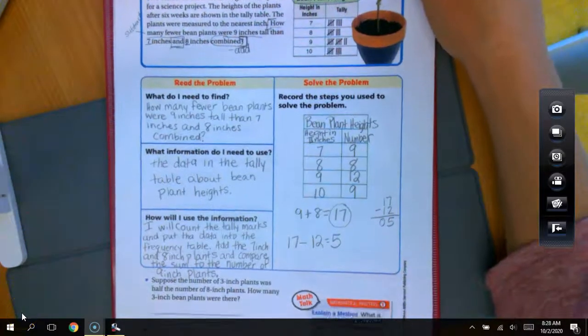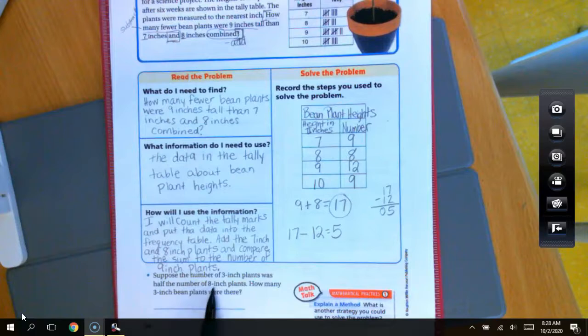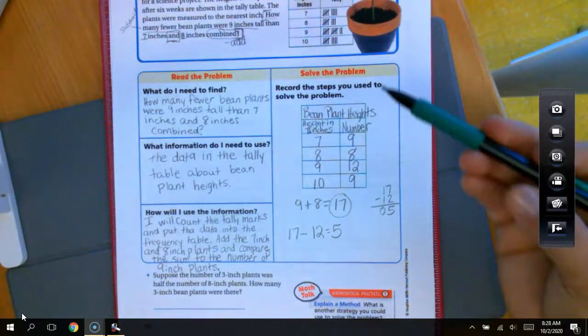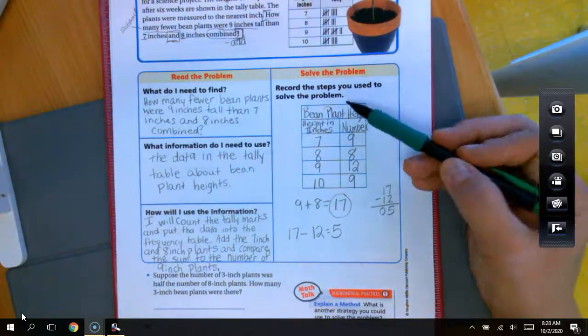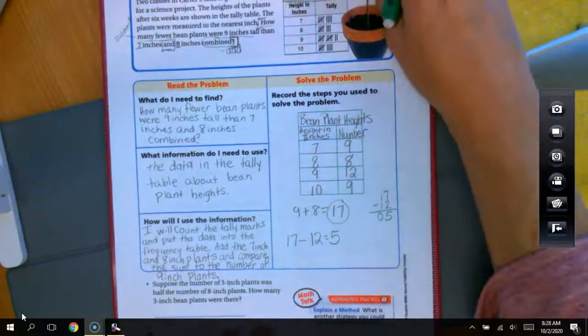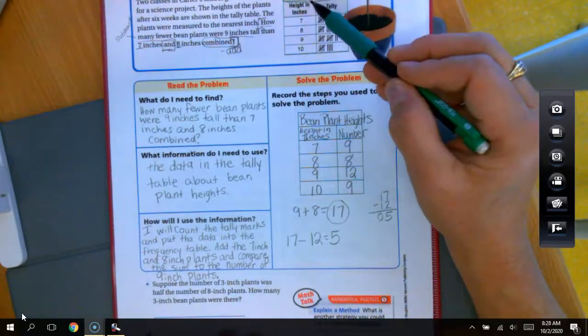Okay, let's continue at the bottom. It says, suppose the number of 3-inch plants was half the number of 8-inch plants. How many 3-inch bean plants were there? Well, let's look at our chart. You can either look at your frequency chart or you can look at your tally chart or tally table.